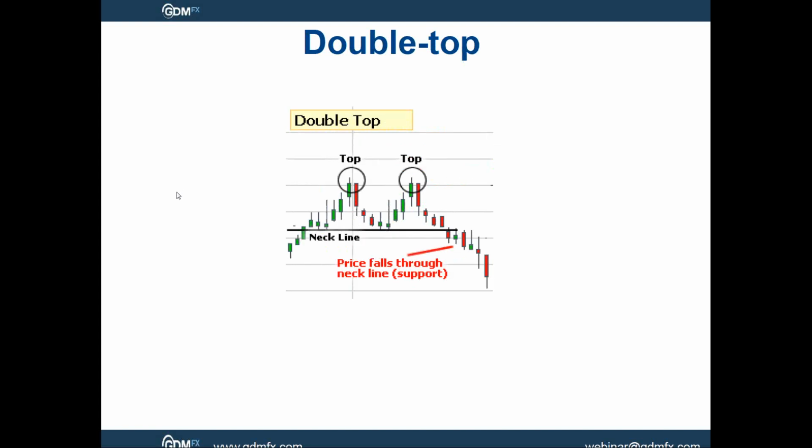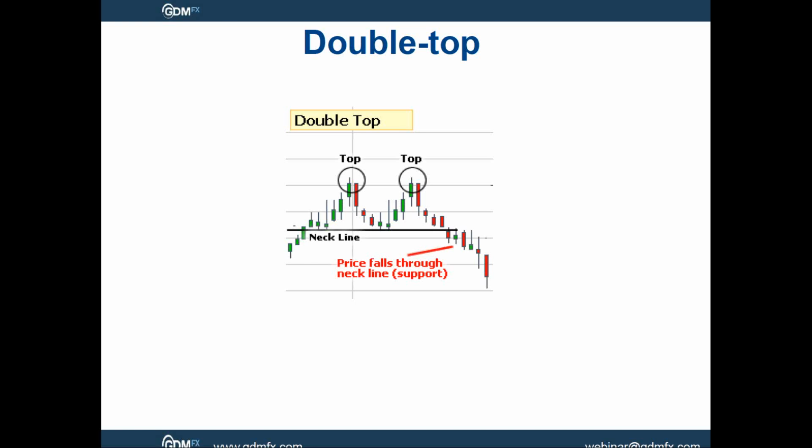The double top formation is found at the peaks of an uptrend and is a clear sign that the preceding uptrend is weakening and the buyers are losing interest. So upon completion of this pattern, the trend is considered to be reversed, and the currency pair or the commodity that you're trading is expected to move lower.